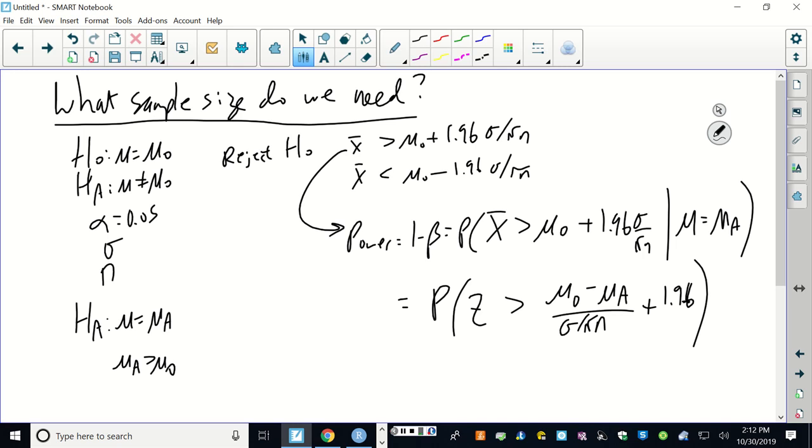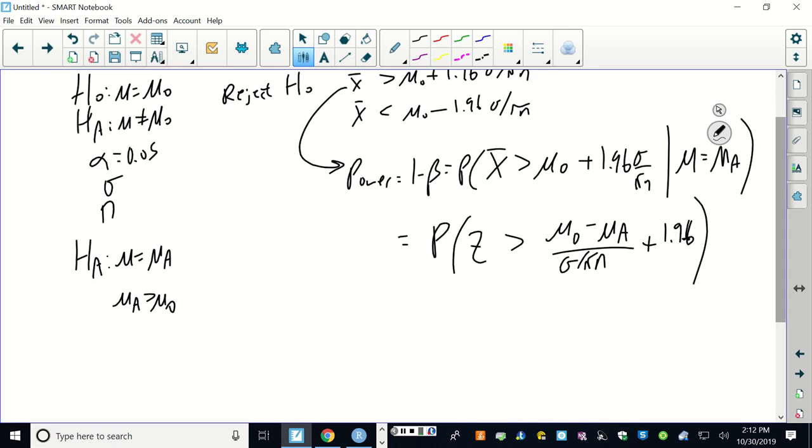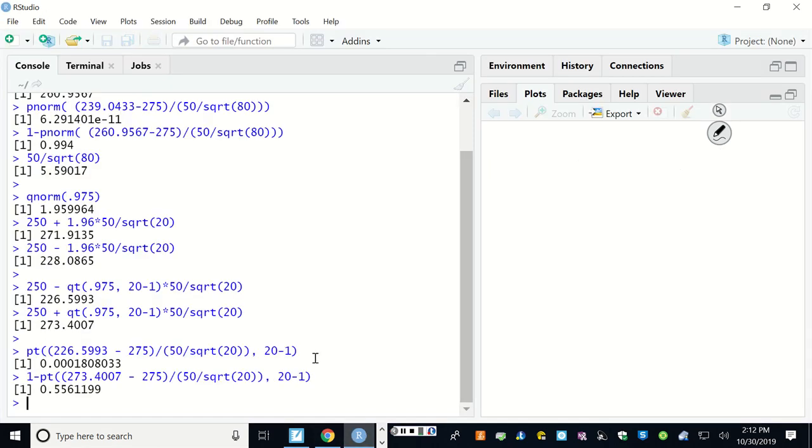So the trick here is that you choose a power. Say you want 80%. So 1 minus beta is 0.8, and you know what the z value is going to be. What z value has 80% above? You can look that up. There's qnorm, the quantiles for a normal.